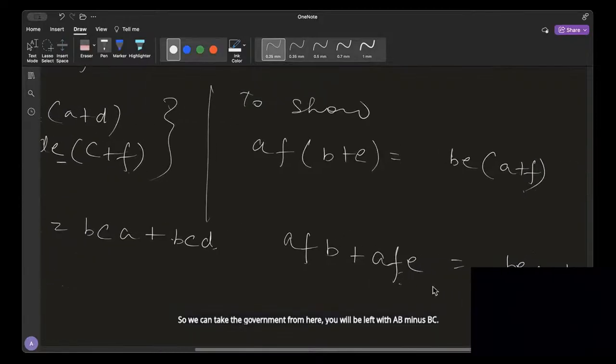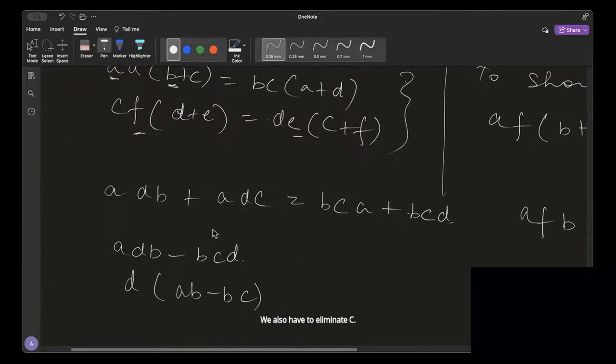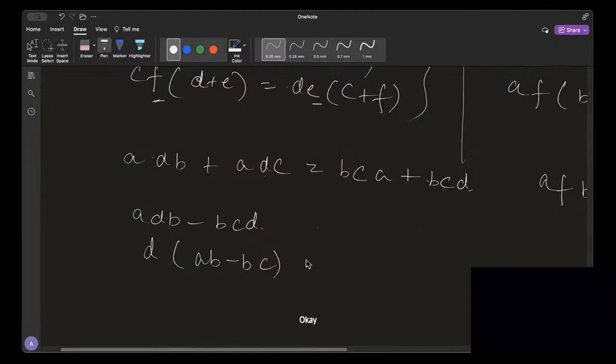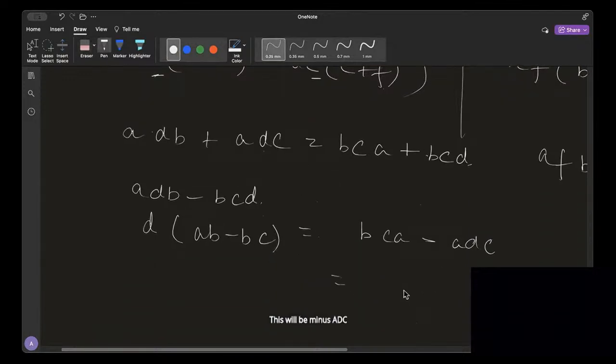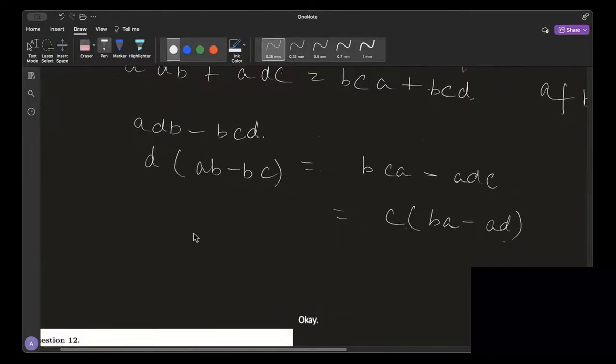We also have to eliminate C. Okay. So this will be D is equal to BCA plus ADC minus ADC, right? This will be minus ADC. This will give you C common, and this will be BA minus AD. Okay. So you will have D by C equal to this thing by AB minus BC.